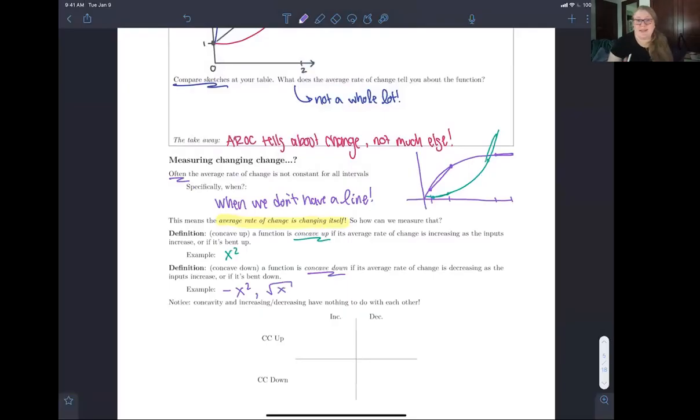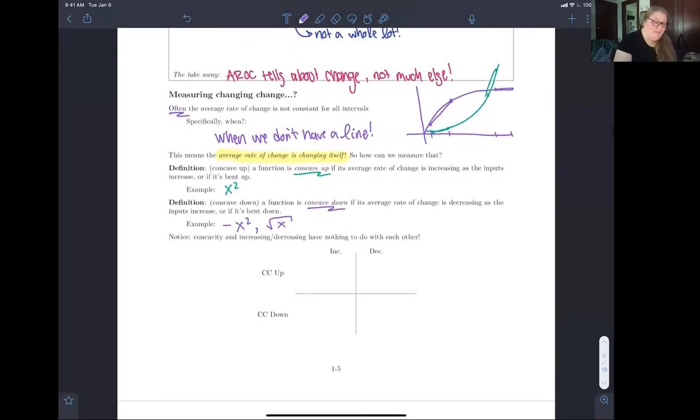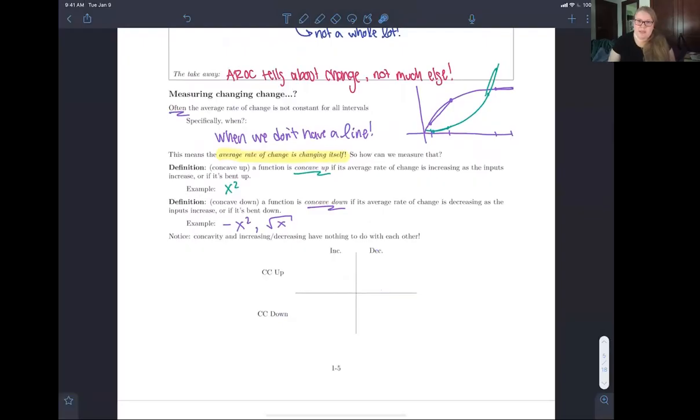And we're going to see lots of different examples of this, particularly when we get into exponentials in a minute. However, one quick thing to notice is that concavity and increasing and decreasing have nothing to do with each other. So I have this little chart here. We're going to say that this row is going to be concave up. This row is going to be concave down. This column will be increasing. This column will be decreasing.